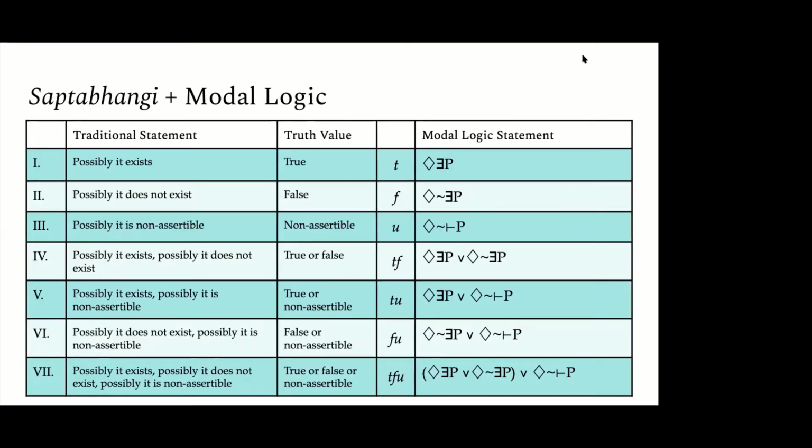So this is a little bit of an info dump slide, but this is how I have chosen to represent each of these 7 truth values, where we have true and false, but represented in terms of modal logic statements about a statement P. The interesting thing to note is that when we have the combinations of truth values, we have to use or between them to avoid paradoxes.